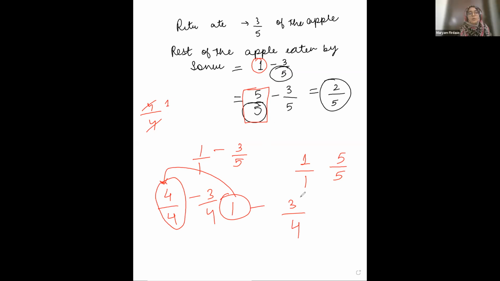And we have written 4 by 4 simply because we want the denominator to be 4, so that we are able to subtract them. Okay, so till here it's clear.